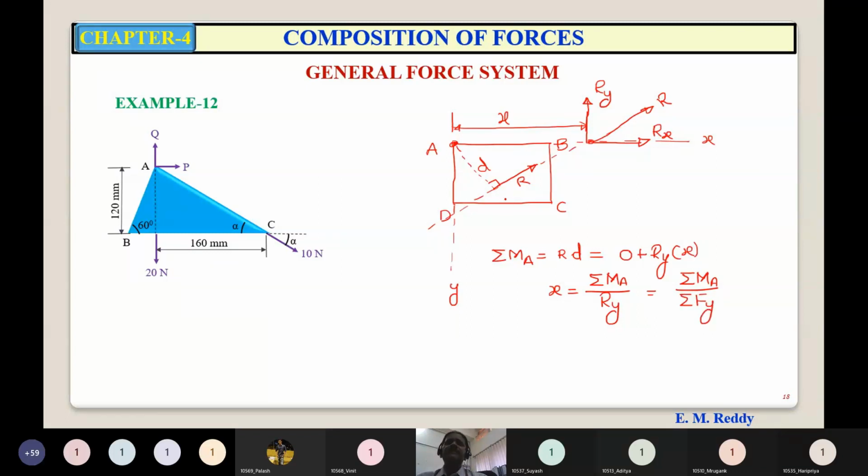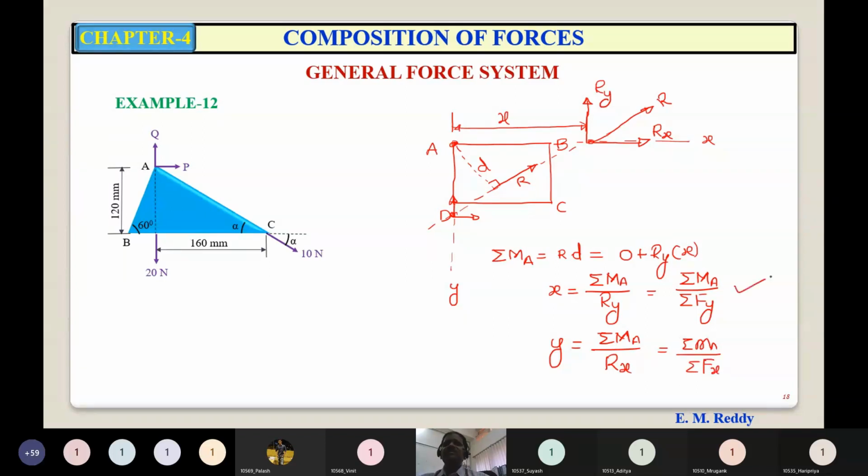Similarly, by transferring this resultant to this point on the y-axis and then resolving into components, taking moments about A, you will find that y is equal to summation MA upon Rx, that is summation MA upon summation Fx.